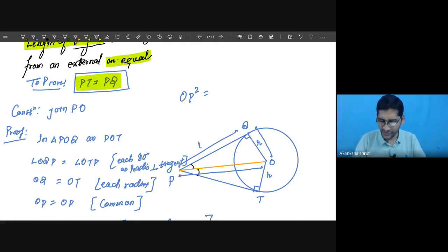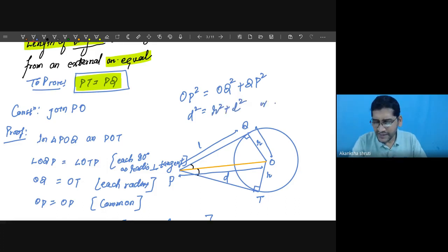It is also possible, meaning OQ square plus QP square, or the distance between the external point and the center D square is equal to R square plus length of tangent L square, or the length of tangent L can be calculated by taking the square root of D square minus R square.